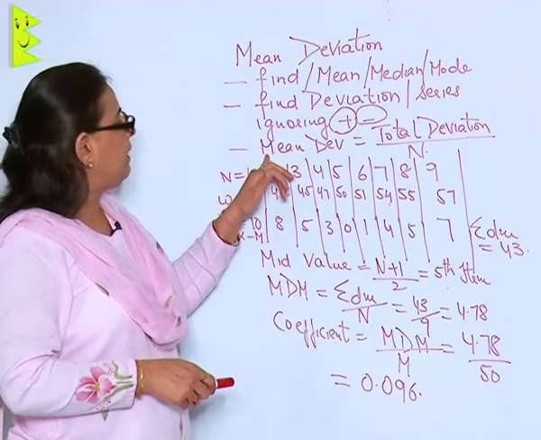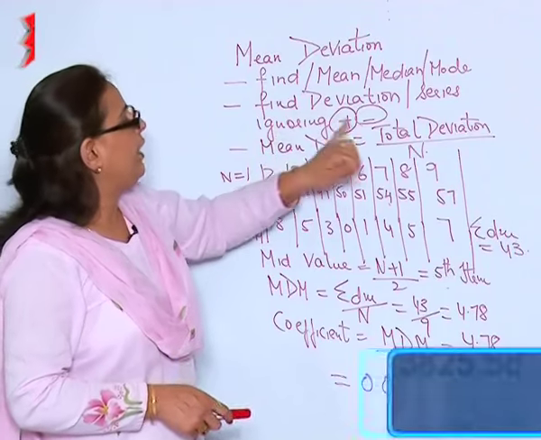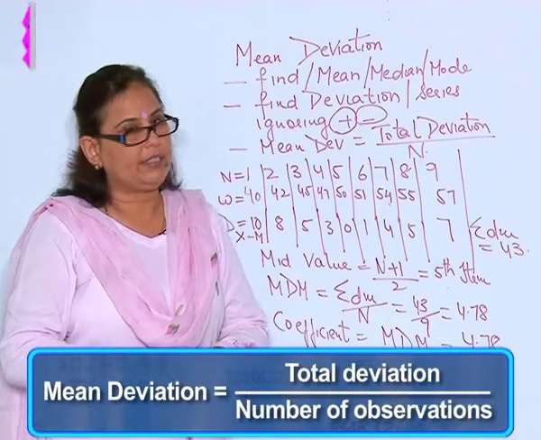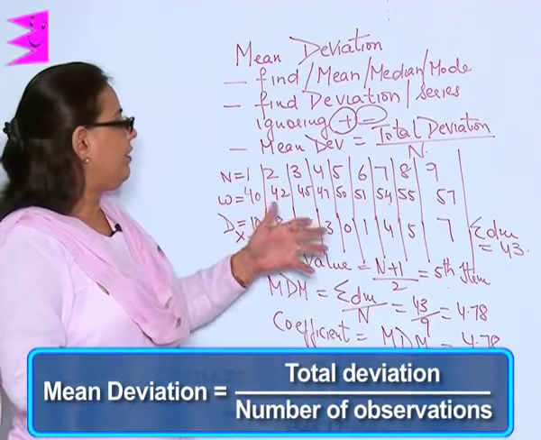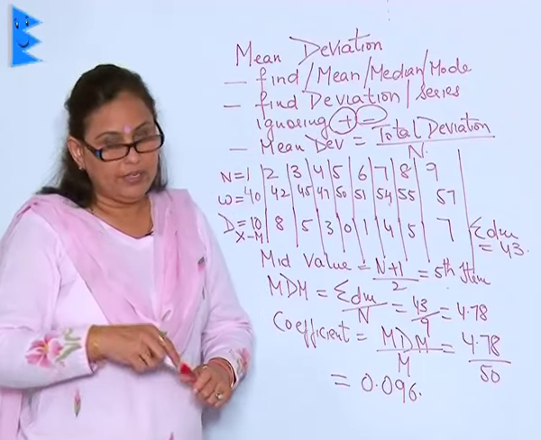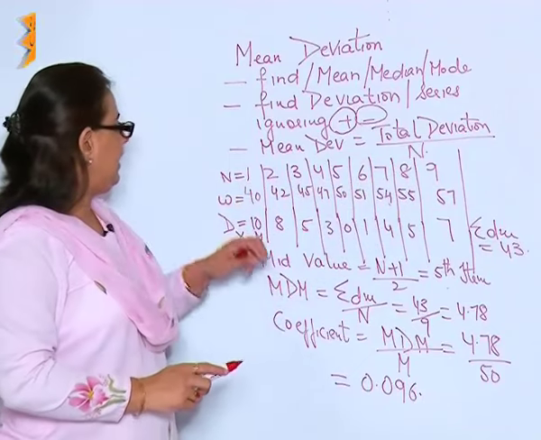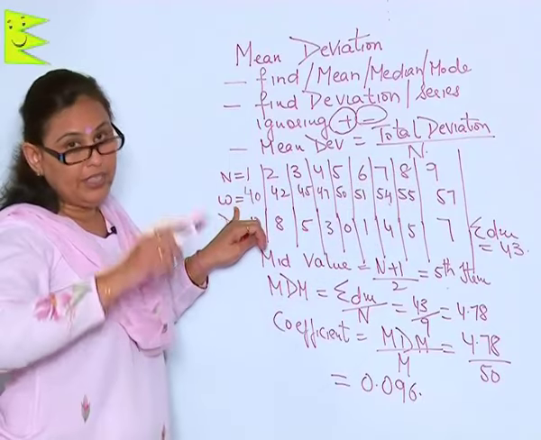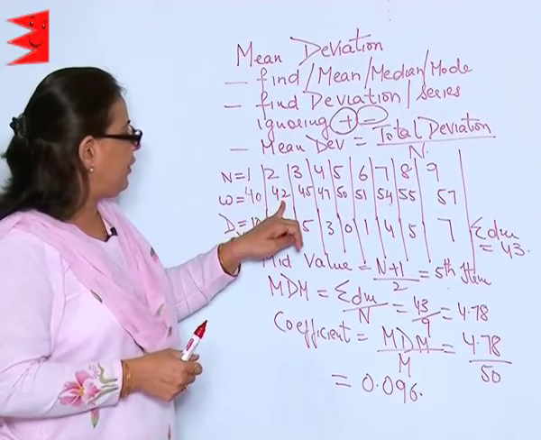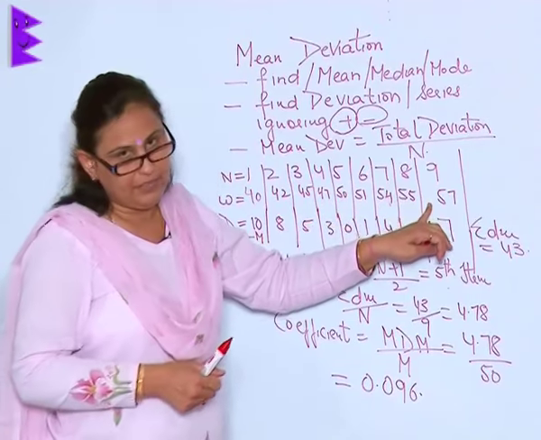To find out the mean deviation, the formula that we have to apply is total deviation upon the number of observations. Now, here I have picked up n observations, 9 in number, from 1 to 9, and the wages which these people get are 40, 42, 45, 47, 50, 51, 54, 55 and 57.